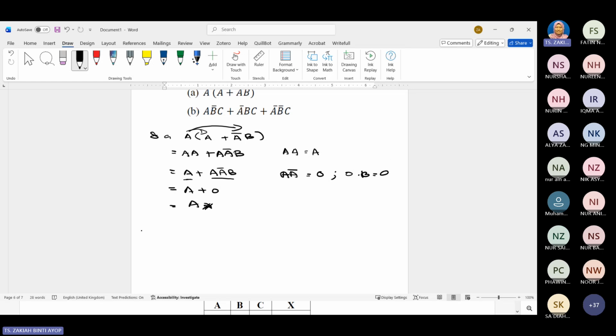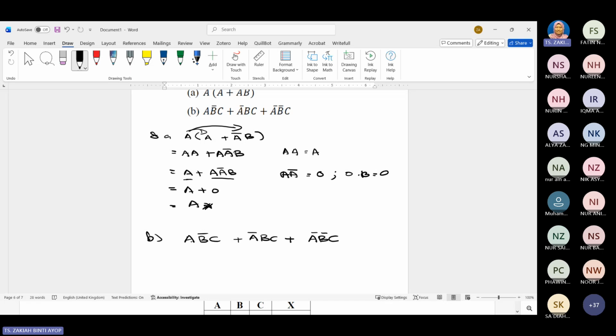Now, question B. I'll guide you how to do that. Here we have A B bar C plus A bar dot BC plus A bar B bar dot C. The trick is that we simplify it based on two expressions first.